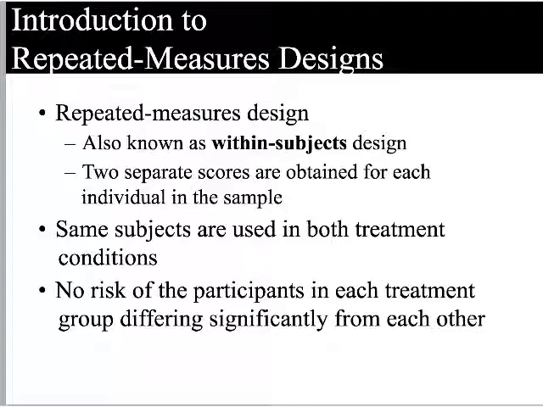And so in a case like that, one group could by chance contain a preponderance of individuals who are different on some dimension from members of the other group for some reason or another. Gender is a common problem. Age could be an issue. IQ, pre-existing personality differences. In a repeated measures design, we don't have that problem.